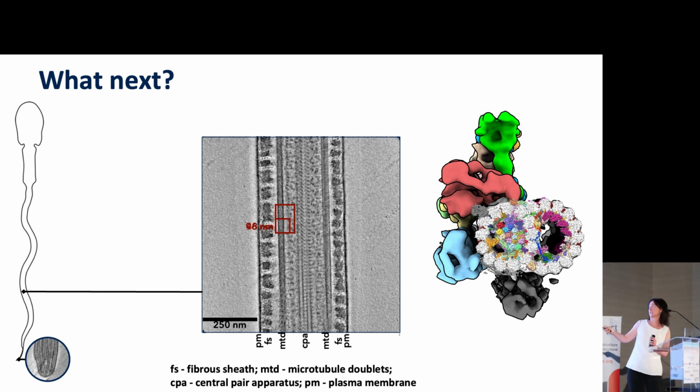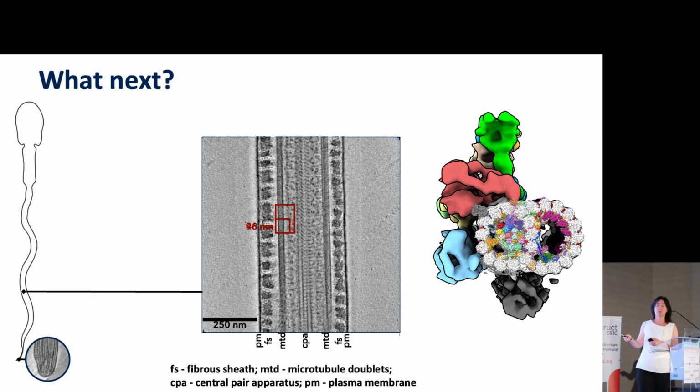It's not completely to scale, so don't hold me to that. But if I just translate this box, this is our particle if you want. But these proteins that you can see here, the radial spokes, actually repeat every 96 nanometers. So we cannot recover them if we do only the 48 nanometers.